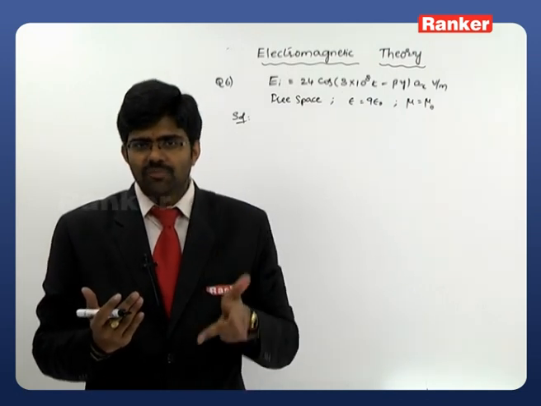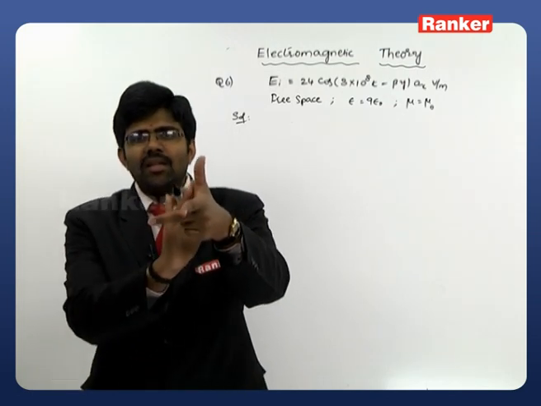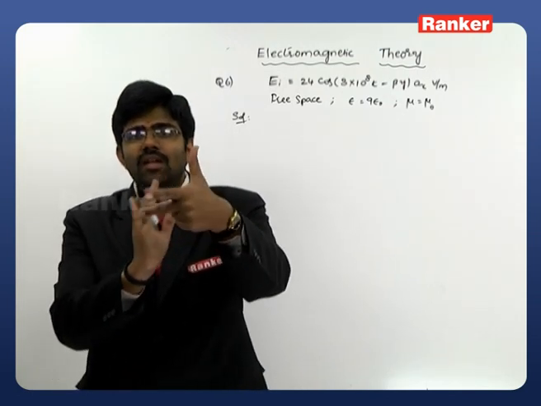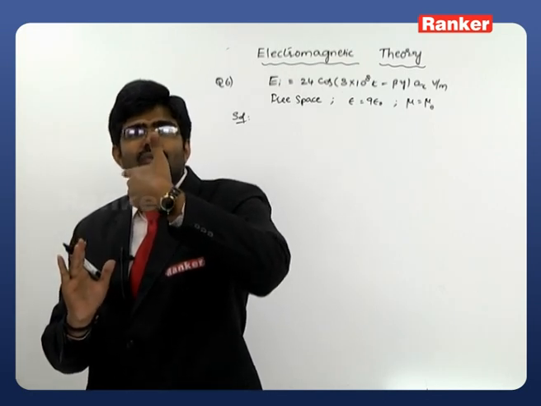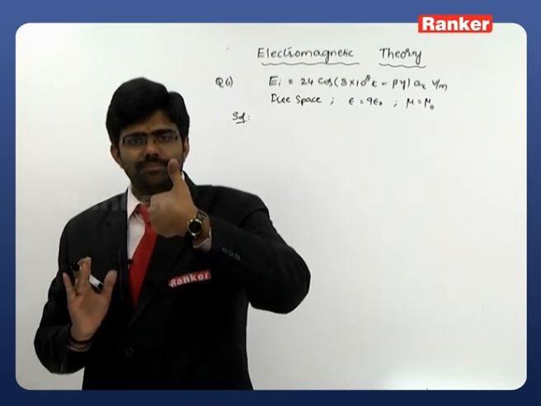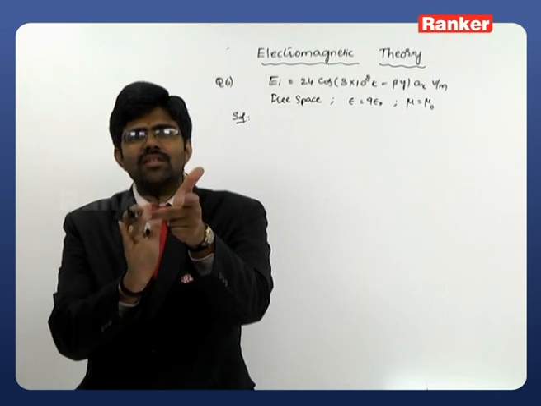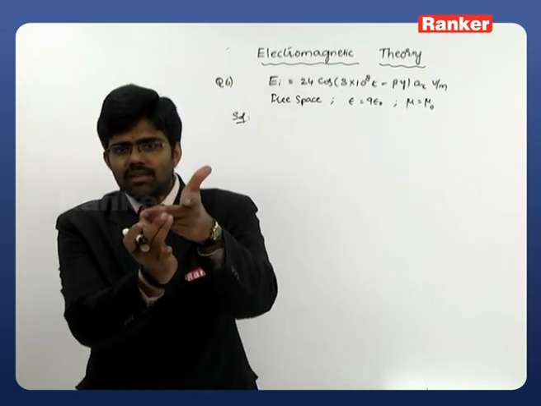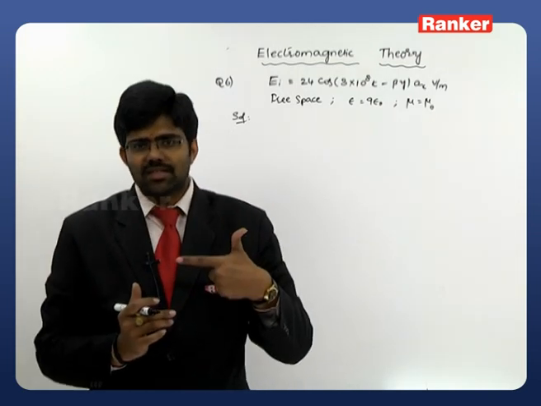Remember that point. Whenever it takes reflection, this finger doesn't vary. It is in the same direction as the previous one. The magnetic field direction, incident and reflected, is the same. But this finger varies its direction: initially it is in this direction, after reflection it is in the opposite direction.